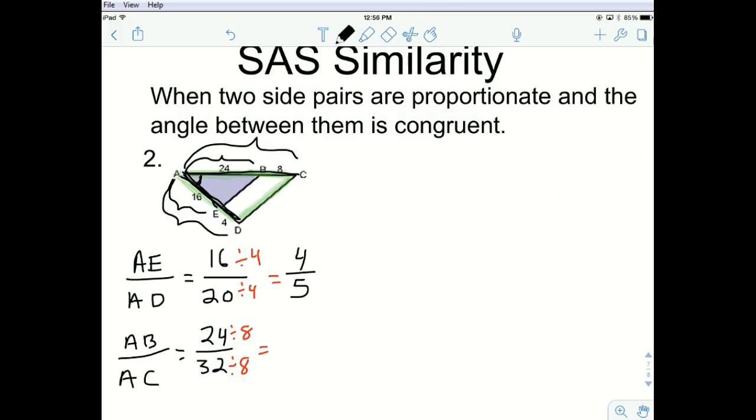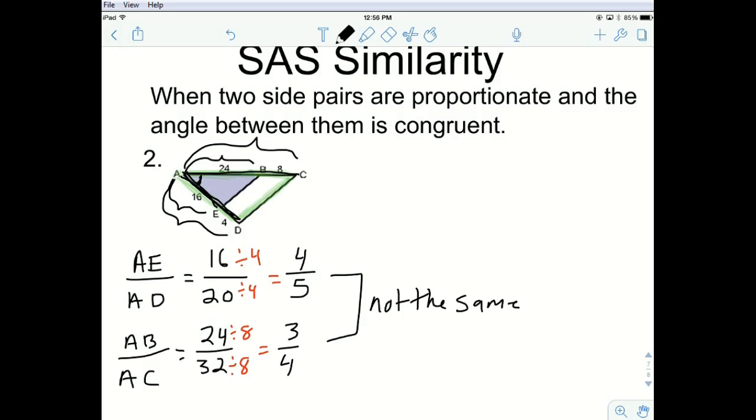All right, when we simplify this, we get 3 over 4. And unfortunately, once again, we have two proportions that are not the same. So we cannot use side angle side.